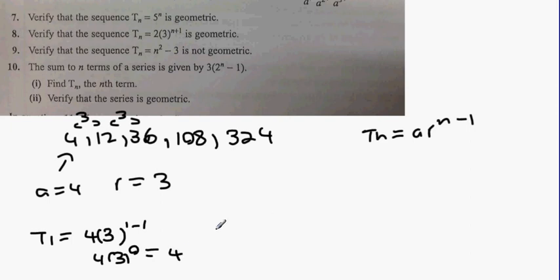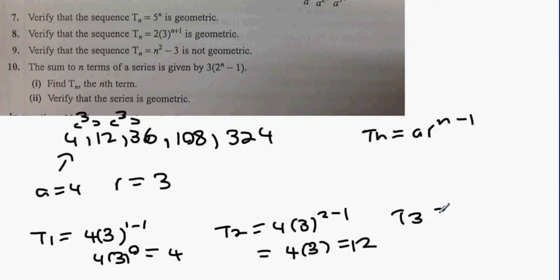It's going to be 4. T2 is going to be 4 times 3 to the 2 minus 1, and that's going to be 4 times 3, which is 12. And then T3 in turn will be 4 times 3 to the 3 minus 1, which is 4 times 9, which is 36.